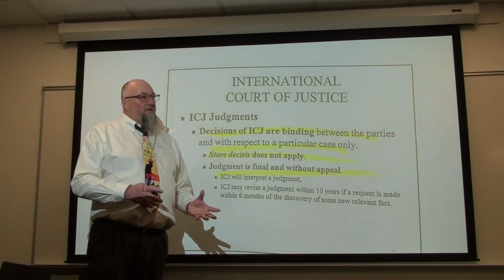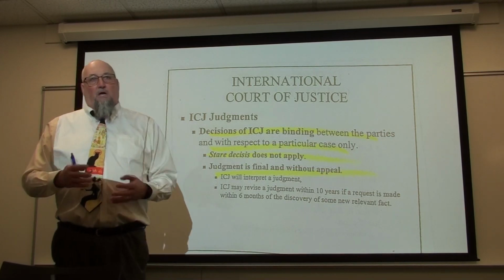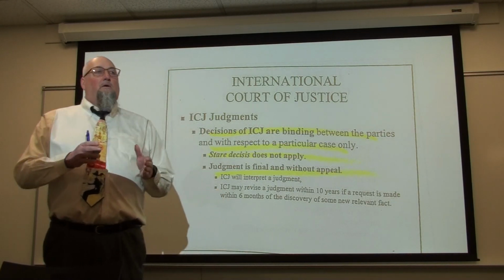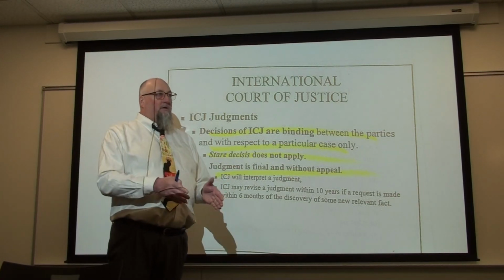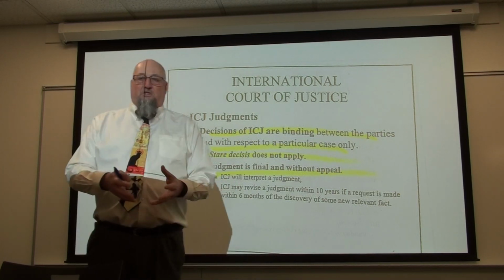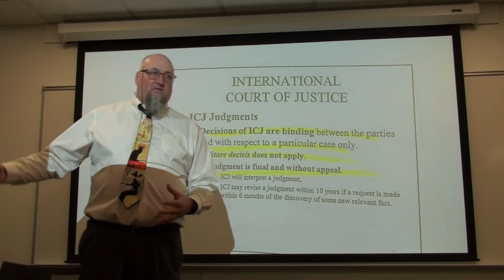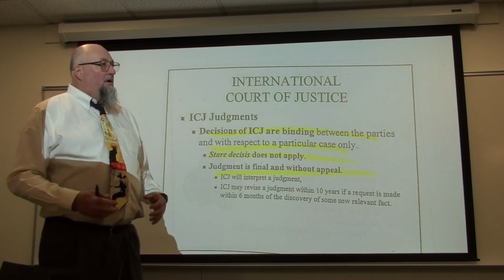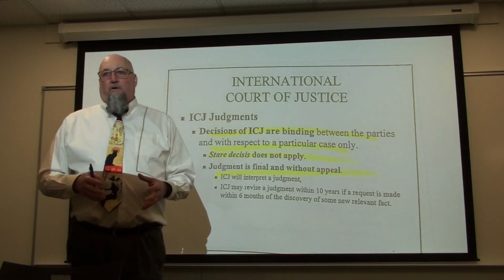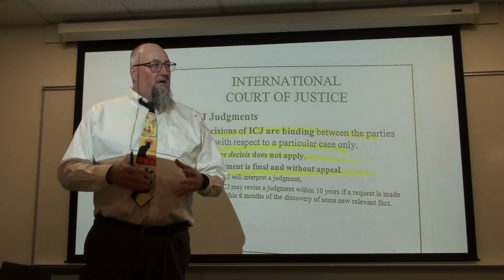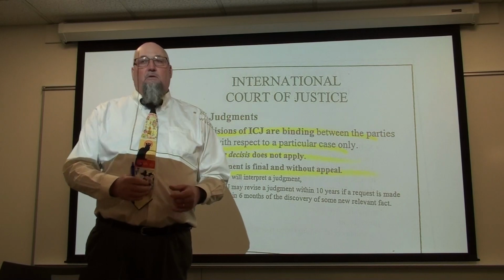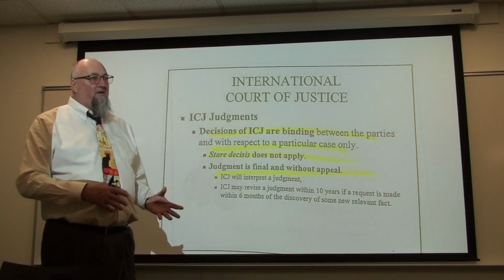One reason is the law that may be applied in that particular case may be based upon a treaty that only involves those two states or maybe a small group of states and not necessarily other countries. Or it may be that in that unique case, they're applying the law of one of the countries that are part of the dispute, and so that law may not apply outside.